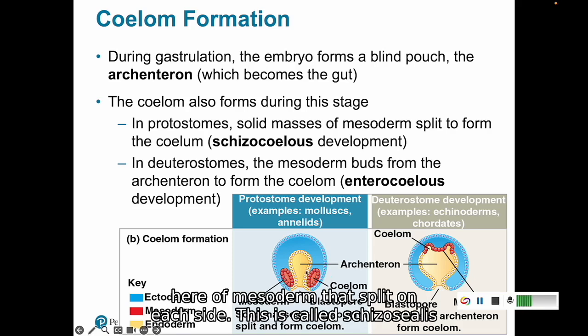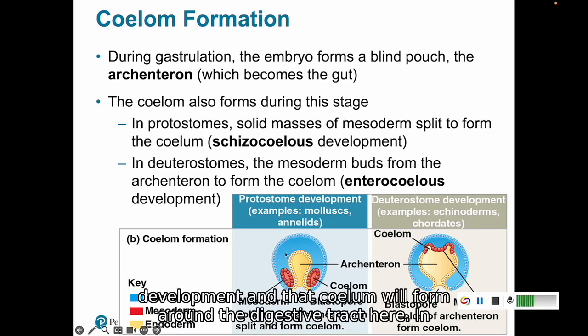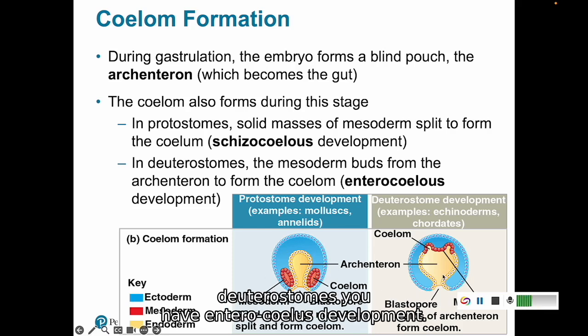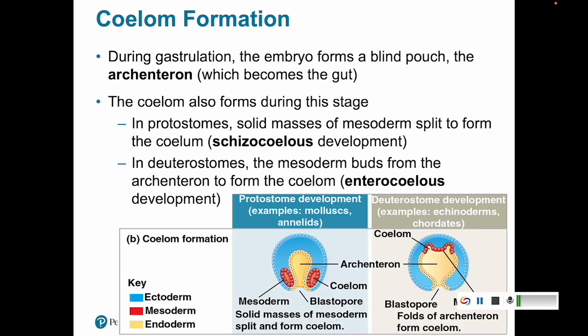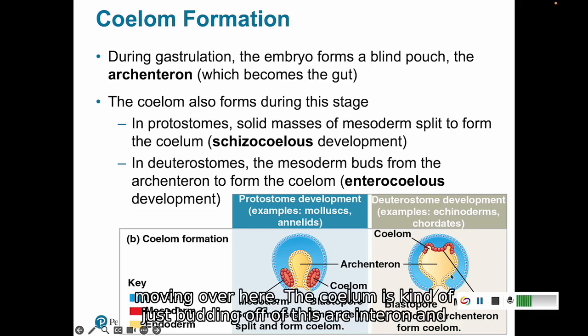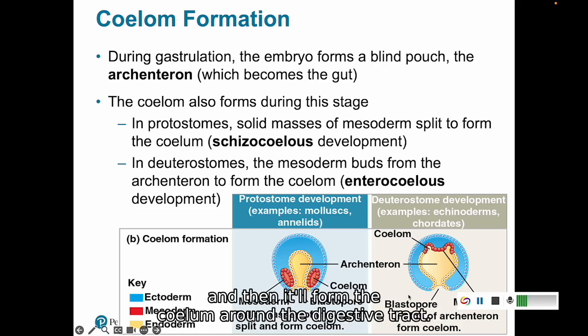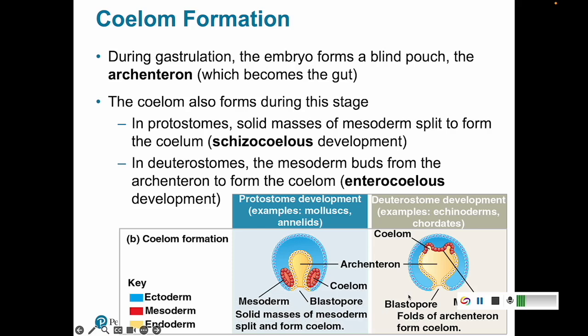This is called schizocoelous development, and that coelom will form around the digestive tract here. In deuterostomes, you have enterocoelous development. So the coelom here isn't moving over here. The coelom is just budding off of this archenteron, and then it'll form the coelom around the digestive tract.